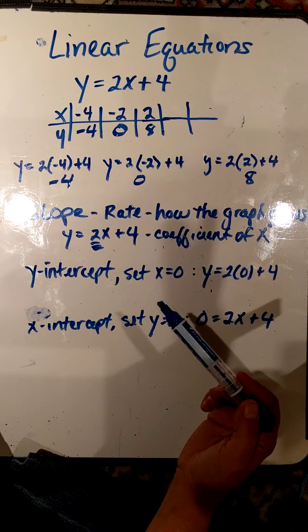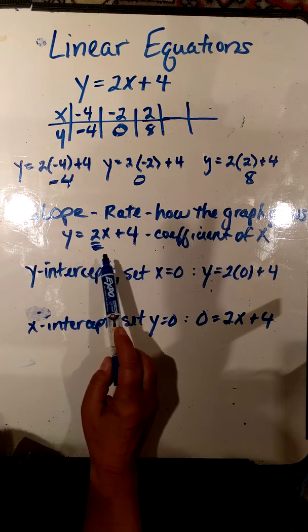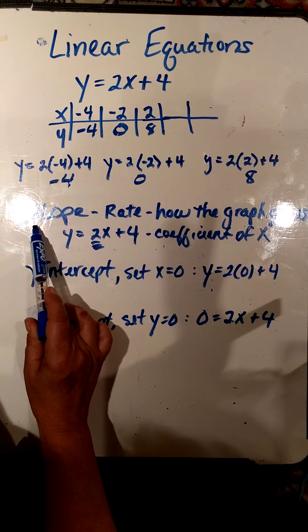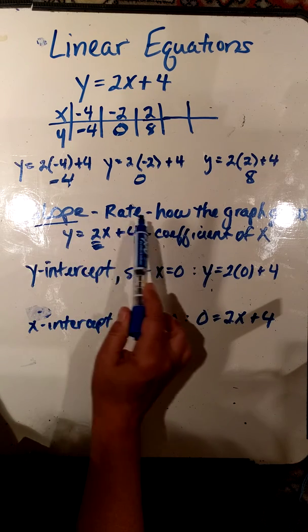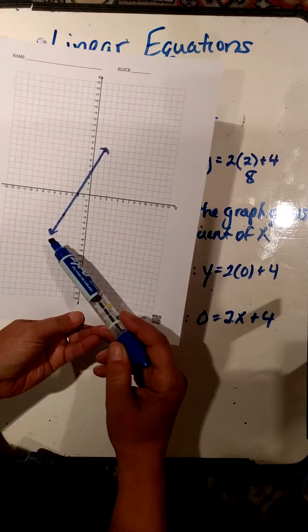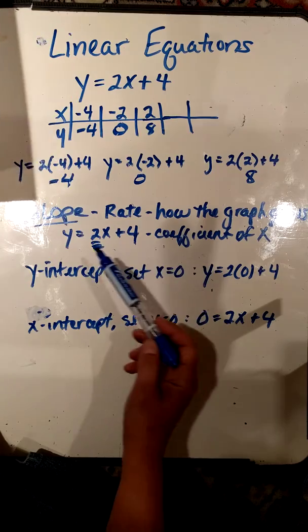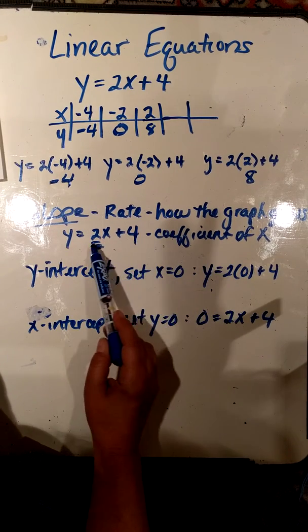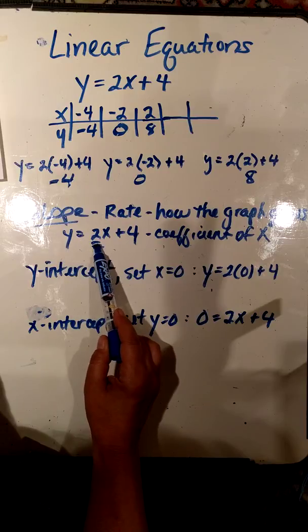Now, there are three main things about linear equations they'll always ask you about. The first one is called slope. Slope represents the rate at which this graph grows. Generally, the slope is going to be the coefficient of x. In our case, y equals 2x plus 4, and 2 is the coefficient of x.